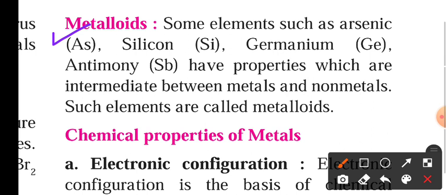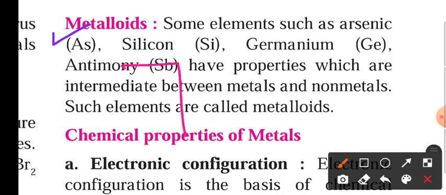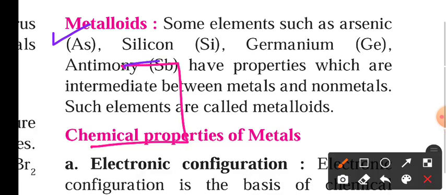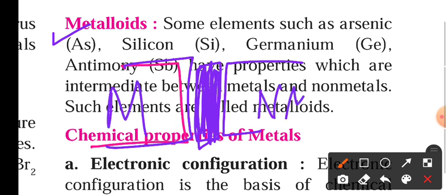If I want to draw it, one side as a metal, and let's change the color for it, one side as a non-metal, then this portion is nothing but the metalloid, meaning the junction of metals and non-metals.